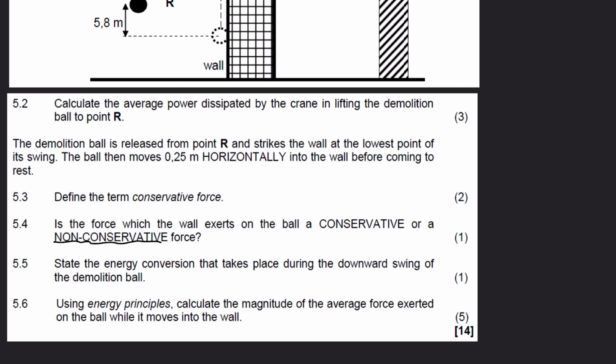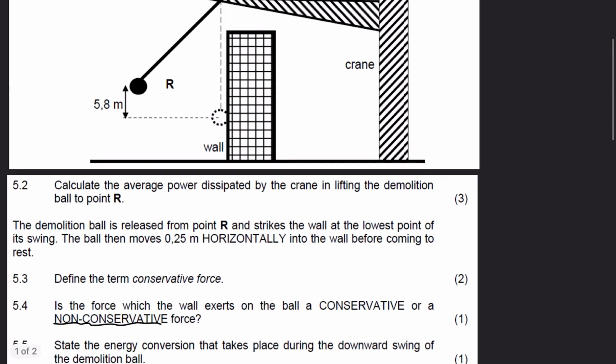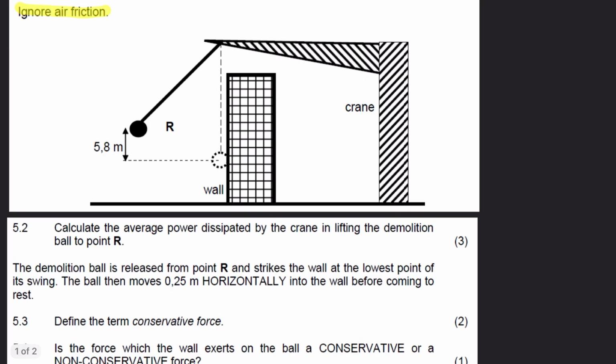Question 5.5. State the energy conversion that takes place during the downward swing of the demolition ball. So the demolition ball is held at point R and it's held stationary at point R. That's what they told us. So there's no kinetic energy there. So it's being held at point R at some height.